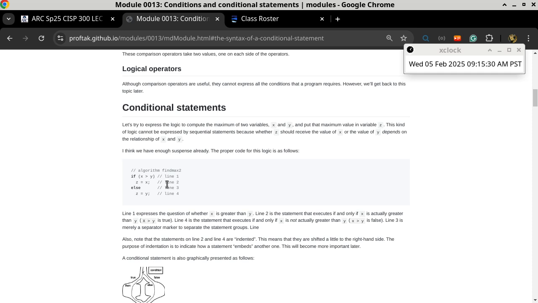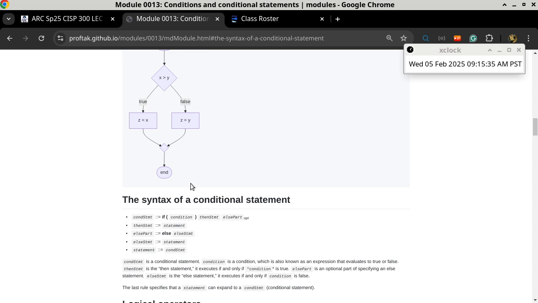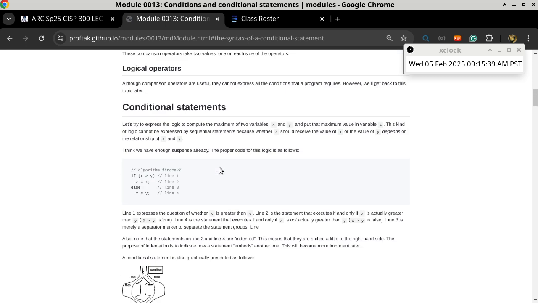So let me ask you guys a question. Is the hang up with the flowchart, understanding what the flowchart is trying to represent, or is the hang up on the syntax of how we specify the logic of the flowchart? The syntax, okay. Any other?